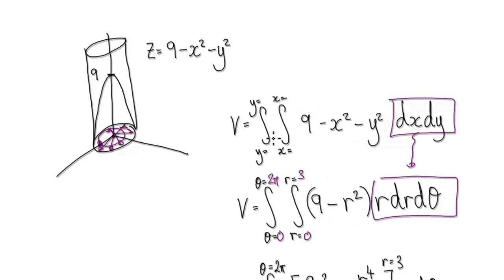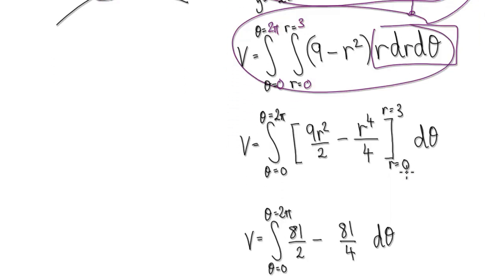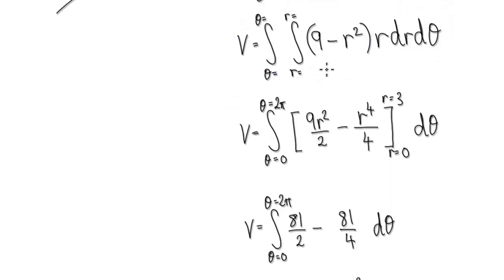Well, we've done this before. I'm expecting you to be able to jump from here to here. So now it's just a matter of integrating this. When you integrate this, remember, you've got to get this times this times this. So when you integrate 9r, it will give you this.